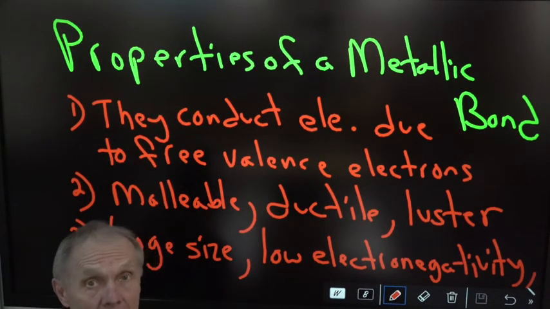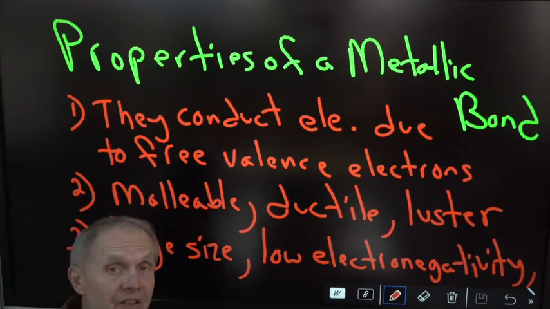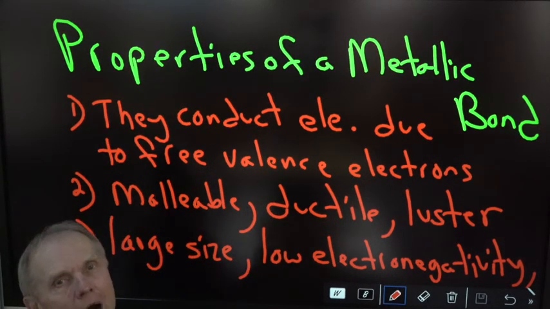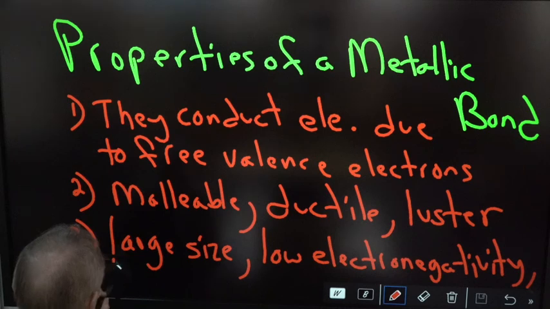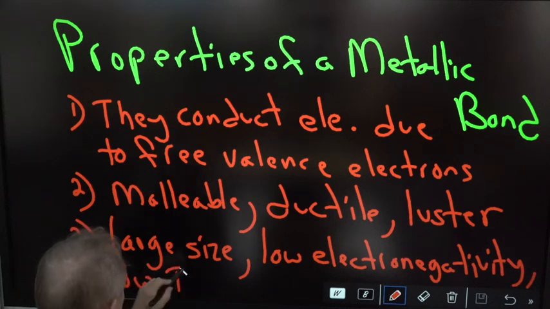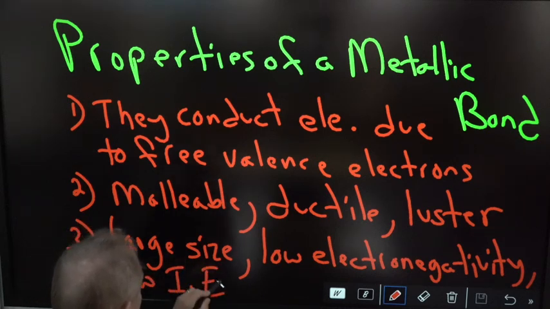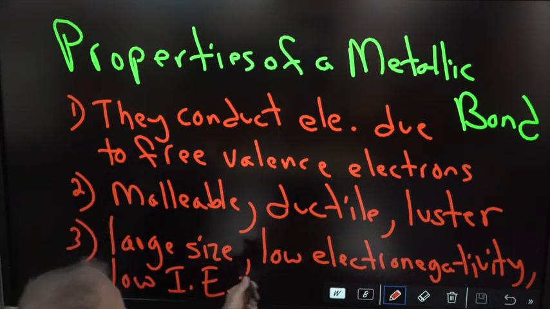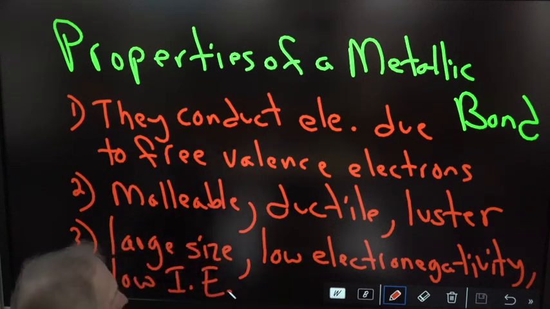They don't want electrons, so it's real easy for some other element to pull out their electron. That means low ionization energy. I'm just going to abbreviate low IE, low ionization energy. So large size, low electronegativity, low IE.